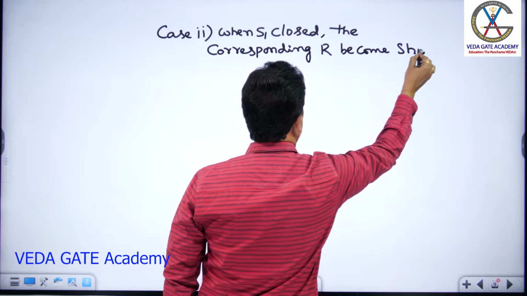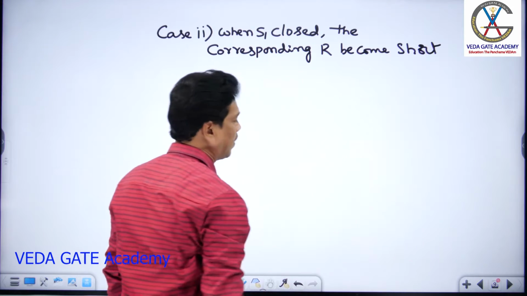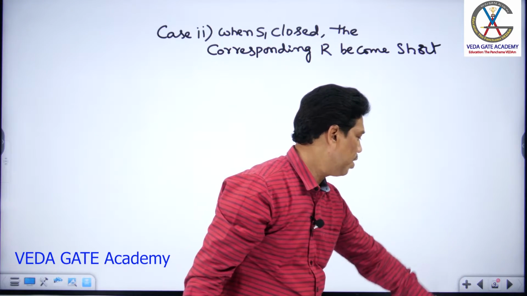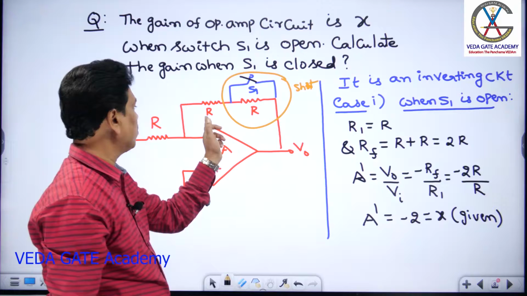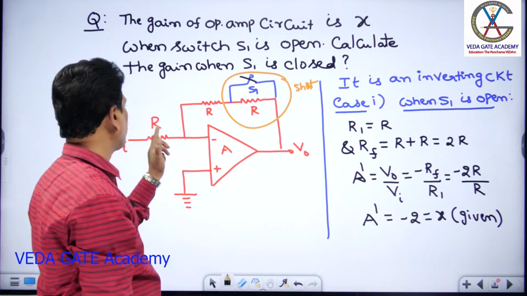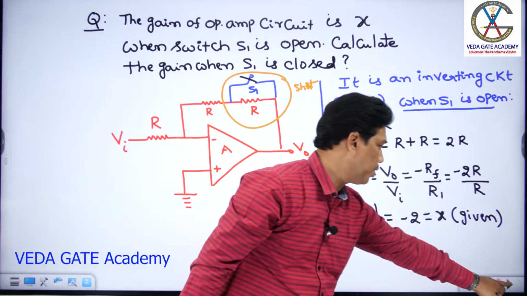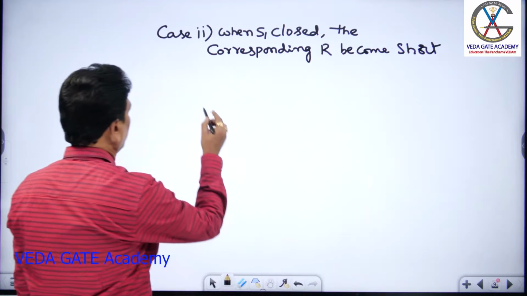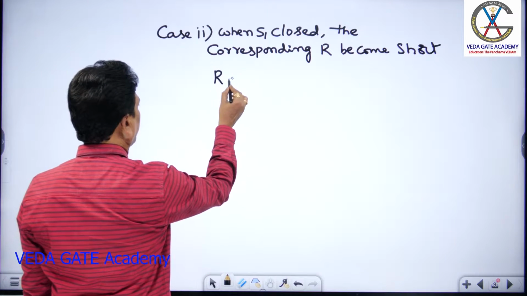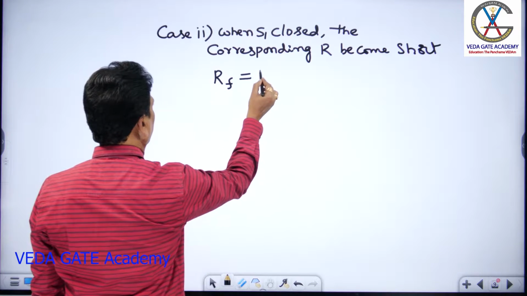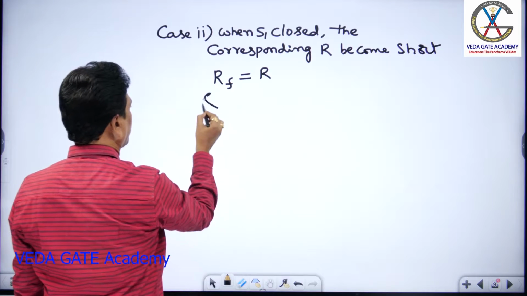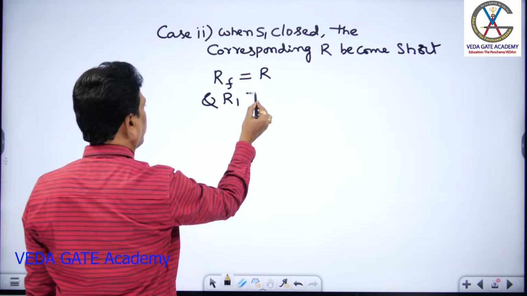So under that condition, the effective feedback resistance is just R only, and input resistance also R. So under this condition, the feedback resistance RF is just only R, and not only that, the input resistance also R.